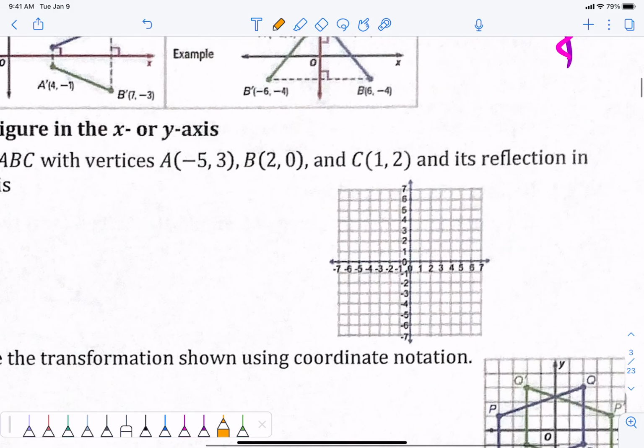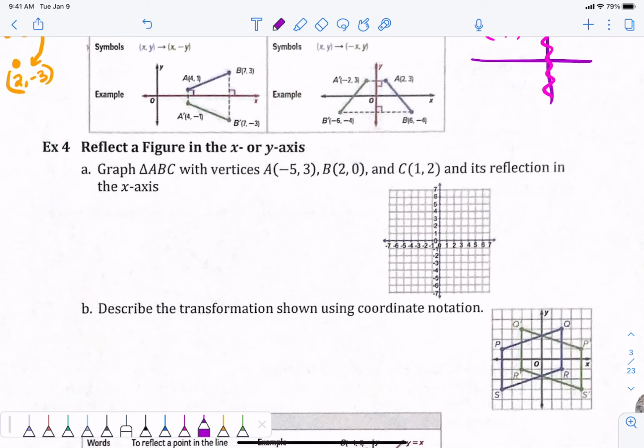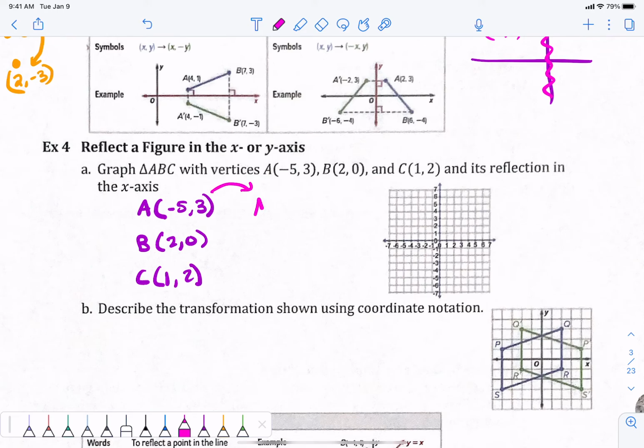Okay. All right. So before we graph these guys, we're going to start with A, B, C. I'm just going to write these points out, and rather than graphing them and trying to figure it out, let's use that shortcut. Okay. So there's my original guys, and I want to find A prime where he's located, B prime where he's located, and C prime where he's located. Okay.